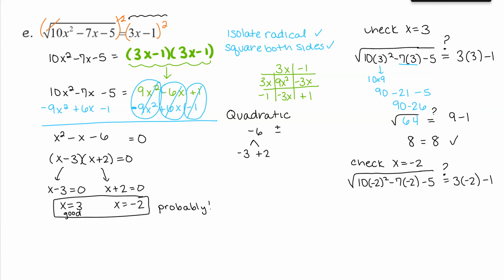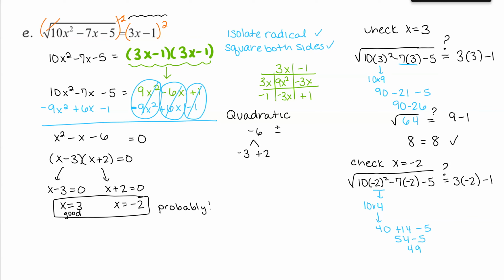I don't know. I have to check. So let's do the math. Negative 2 squared makes 4. So I have 10 times 4, which is 40. Minus 7 times minus 2 makes plus 14. And then subtract 5. So this becomes 54 minus 5, which is 49.